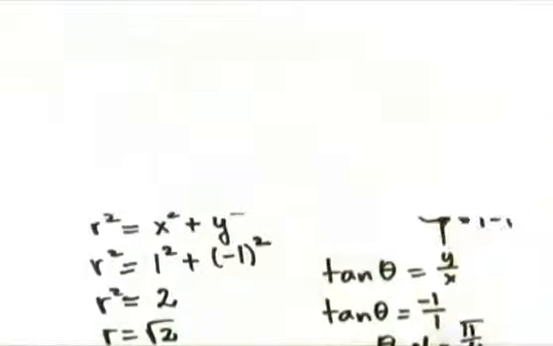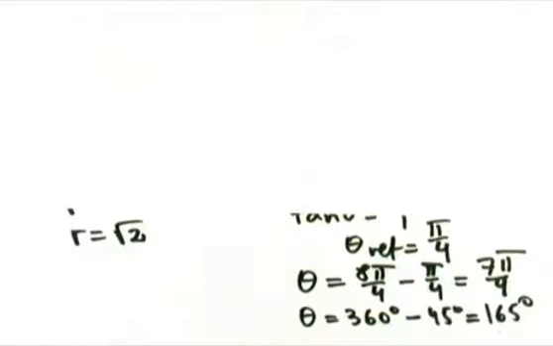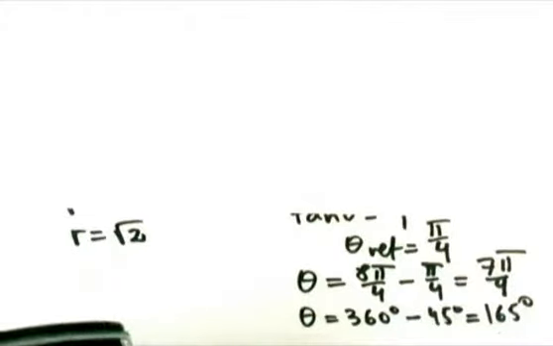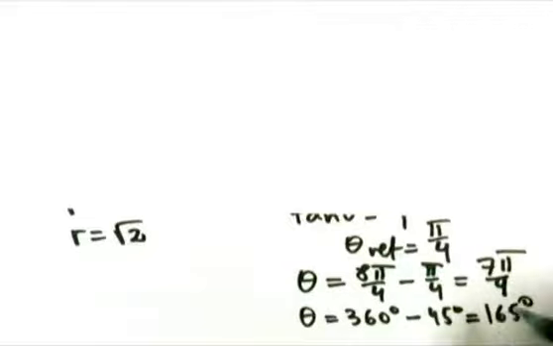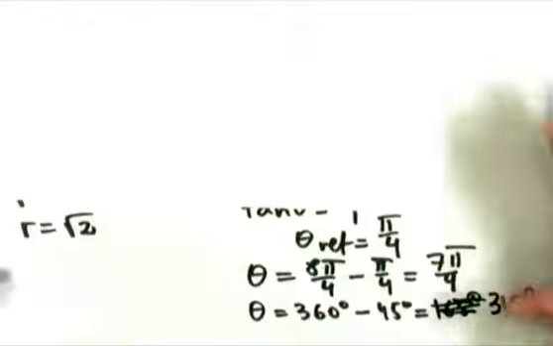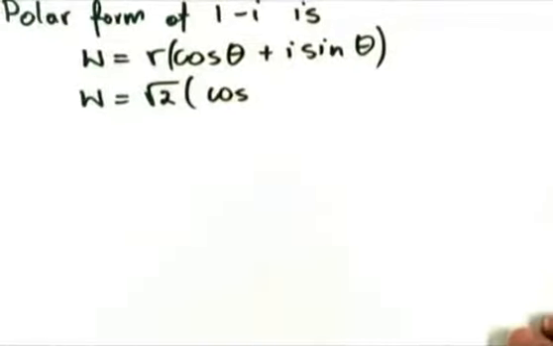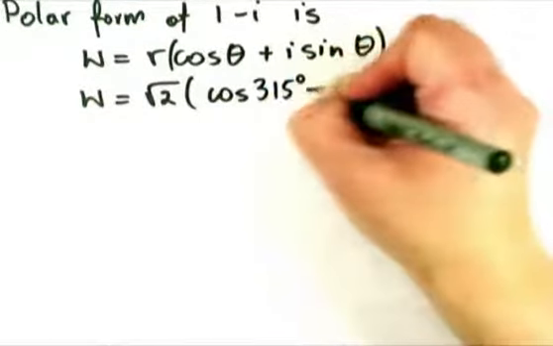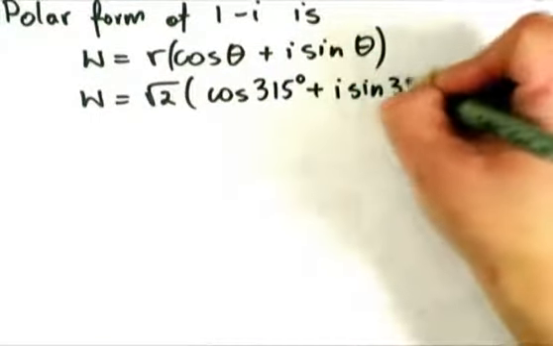This kind of doesn't make sense, because we had 360 degrees minus 45 degrees gives me 315 degrees. I'm sorry, so here it should be 315. That's what we had, 315 degrees. So then the polar form is square root of 2 times cos 315 degrees plus i sine 315 degrees.